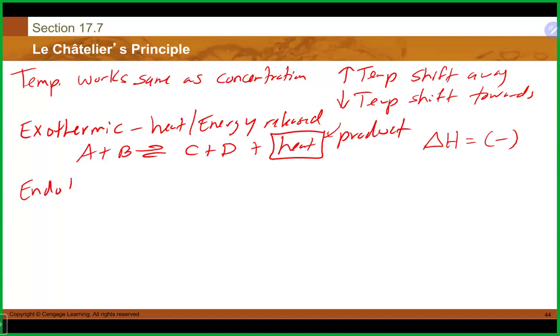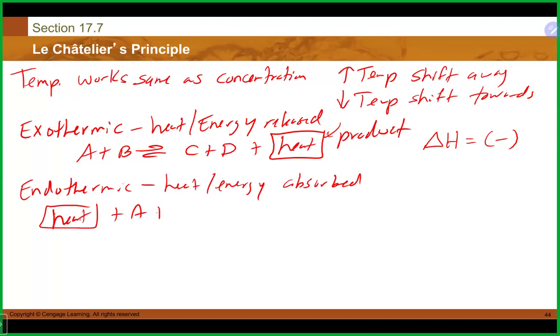Endothermic, heat is going to be absorbed. And in this case, that is considered a reactant when we have that type of reaction. And also, delta H would be a positive number.